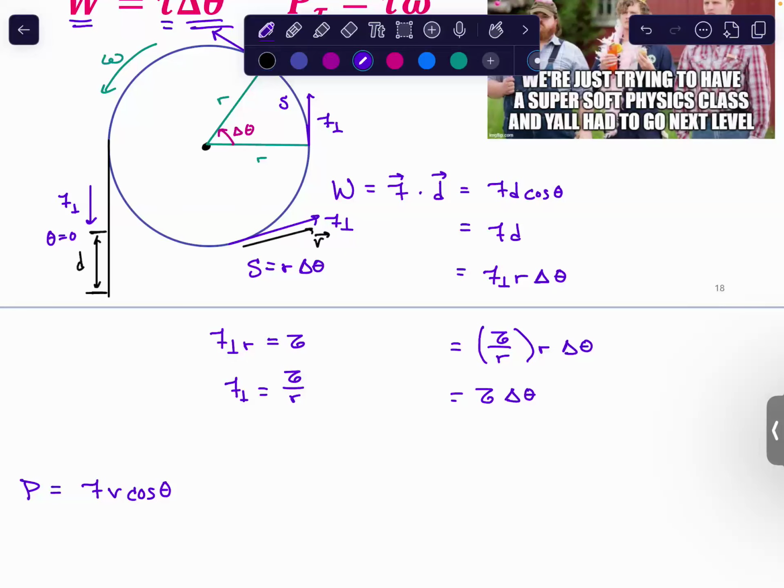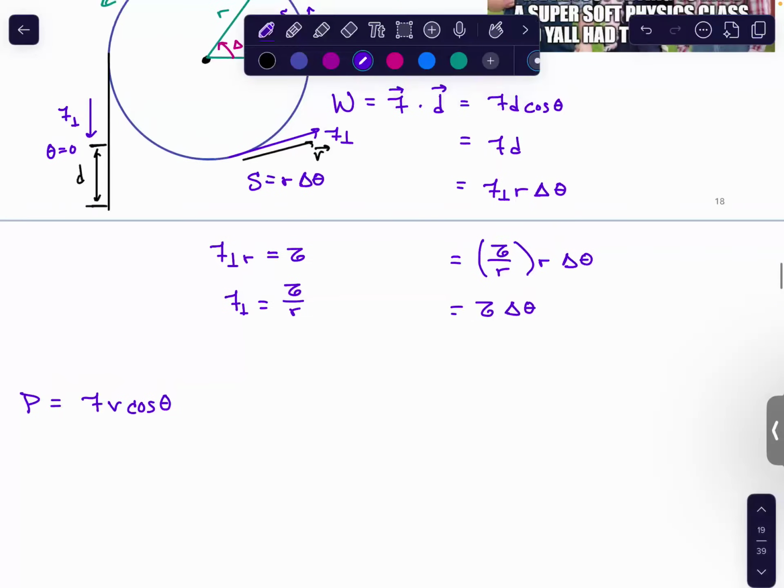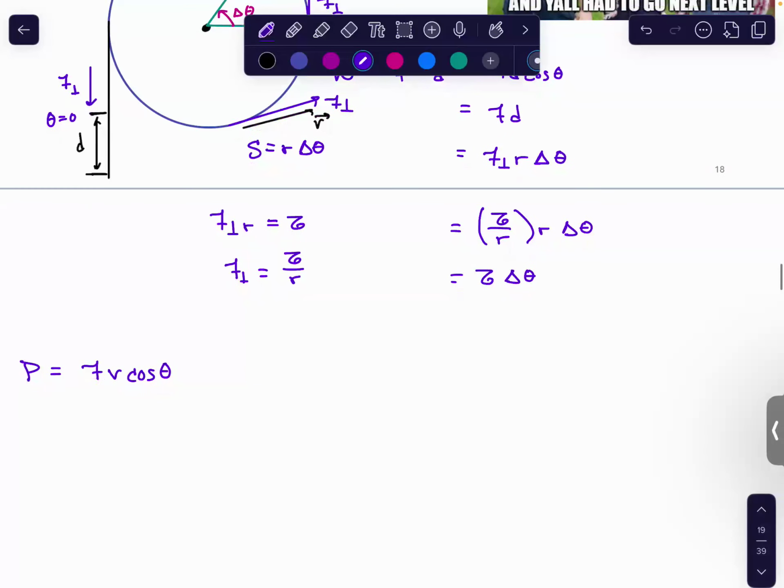So again, you see that linear velocity and perpendicular force have an angle of 0. That means it's going to be cosine of 0, and remember, cosine of 0 equals 1.